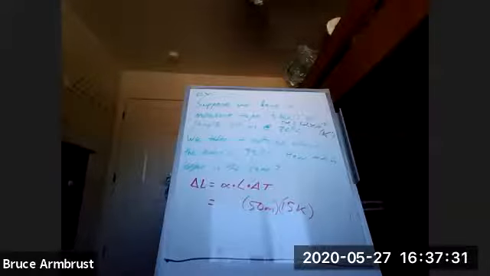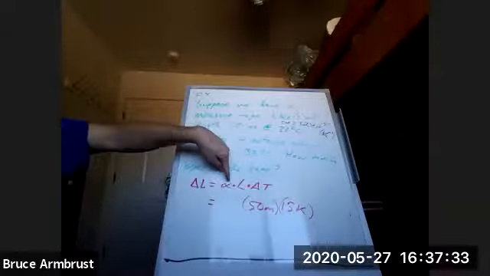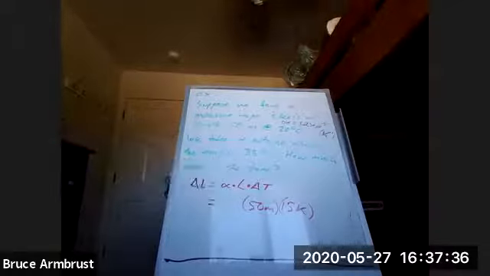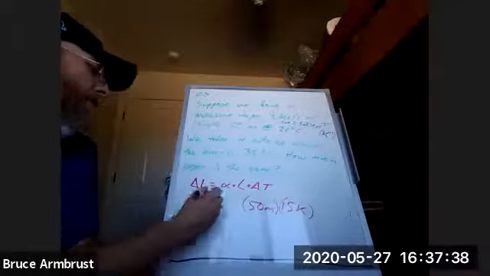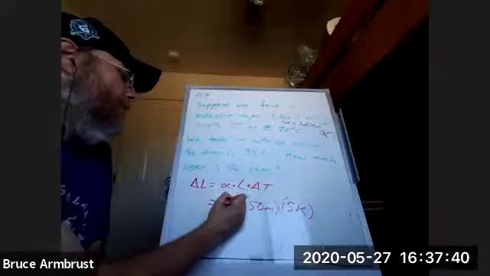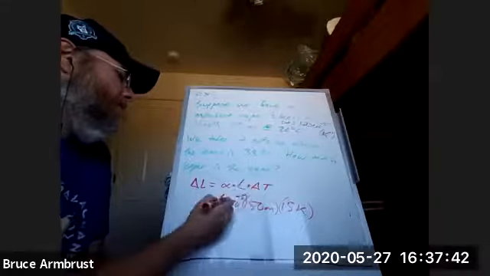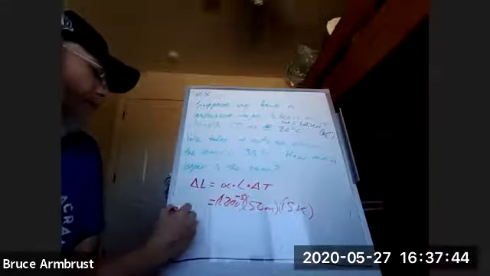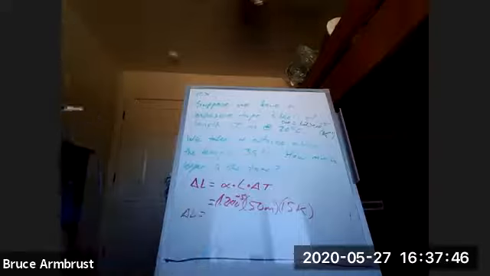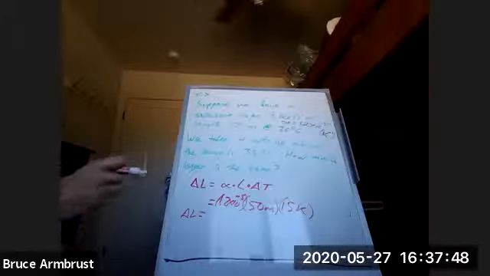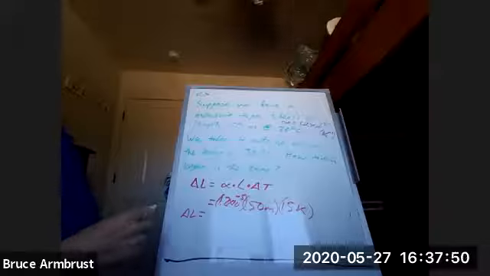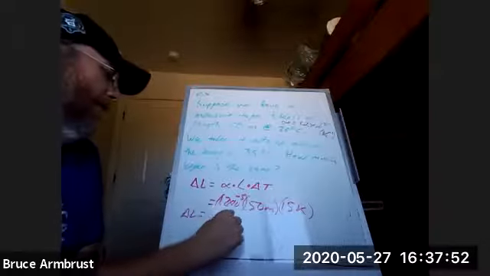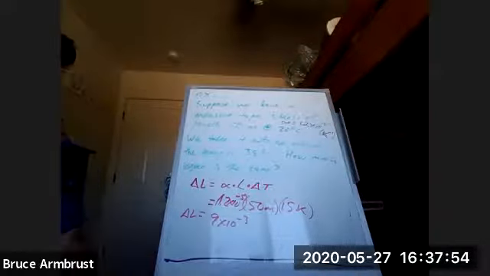You can see why that has to be in order for things to cancel out and be left with just length. So we'll go ahead and put that in here. What we find is that the length of that measuring tape has increased by 9 times 10 to the minus 3.